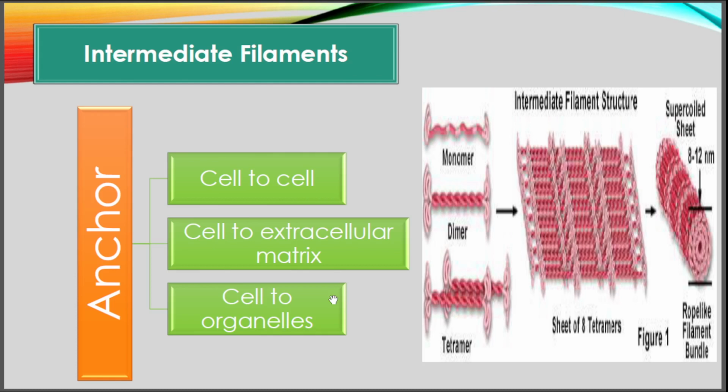They have different monomers present at different sites, like the ones that are present in the neurons are called neurofilaments, the ones present in the muscle cells are called desmins, the ones present in the epithelial cells are called keratin, and the ones in the fibroblast are called vimentin.